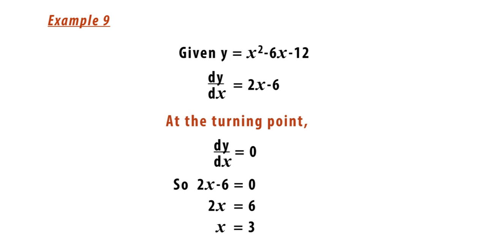When we differentiate this, we'll have dy dx is equal to 2x minus 6. But at the turning point, dy dx is equal to 0. So we would say 2x minus 6 is equal to 0 and solve for x. So 2x is equal to 6 and x is equal to 3.